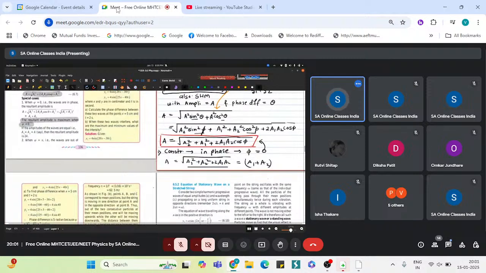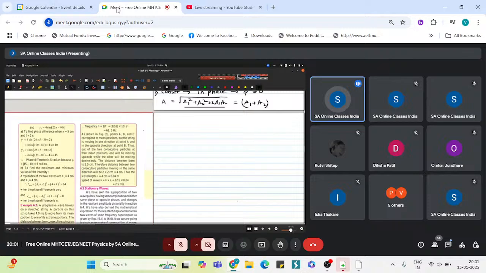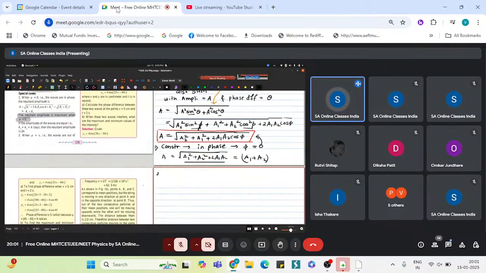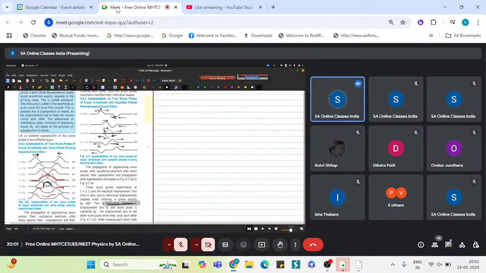And now similarly, if we want to look at destructive interference, then in destructive interference, the waves are going to be out of phase. And by out of phase, I mean the phase difference between them will be 180. So if you see here, this wave comes at this position.